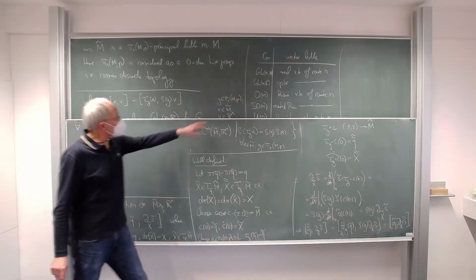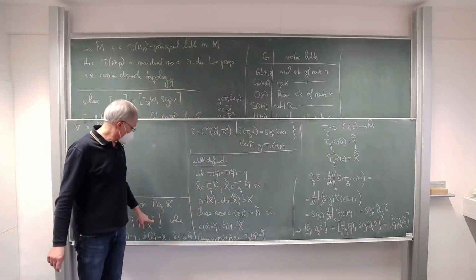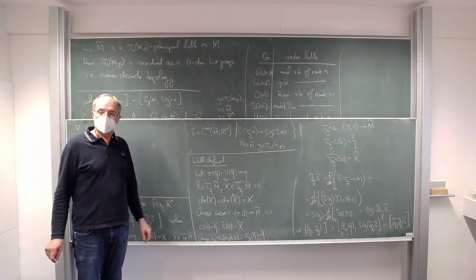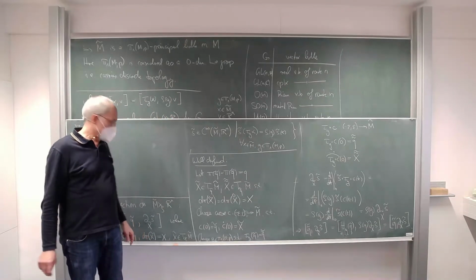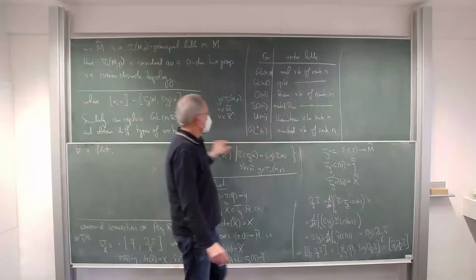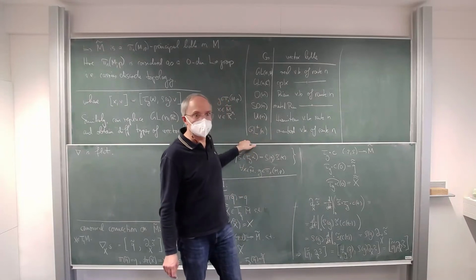And the fact that this lands in On tells us that the standard scalar product on Rn gives us canonically a scalar product on each fiber. And since this is compatible, then this is compatible. And the same here, and yeah, so that's automatic.